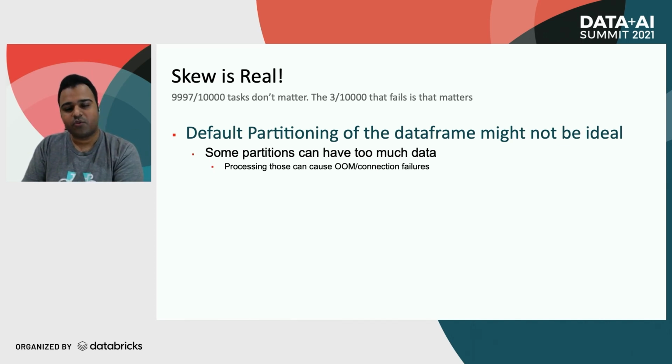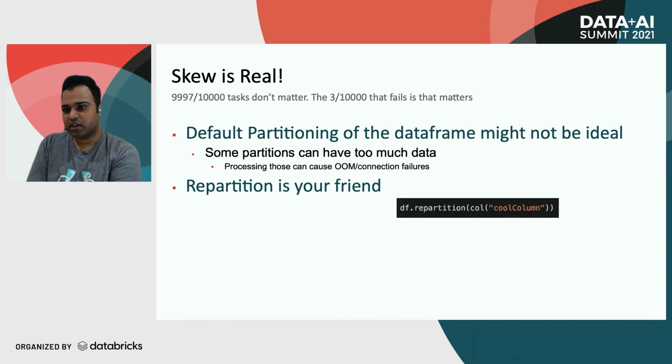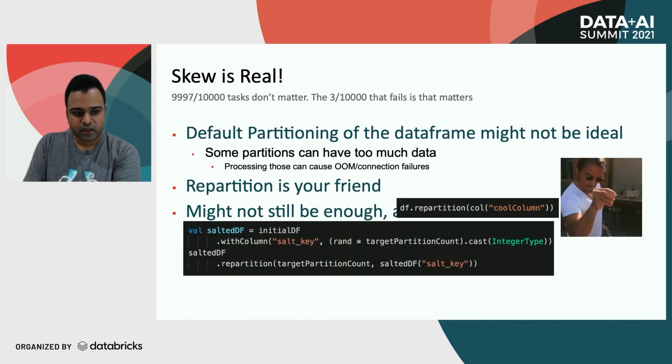One thing that we can do to help out is repartitioning. Just repartition by whatever column you think might help you. This will be one easy way to get out. But repartitioning might not be enough all the time, right? So we want to add some salting to the logic. Everybody has a unique way of adding salting logic to the columns.